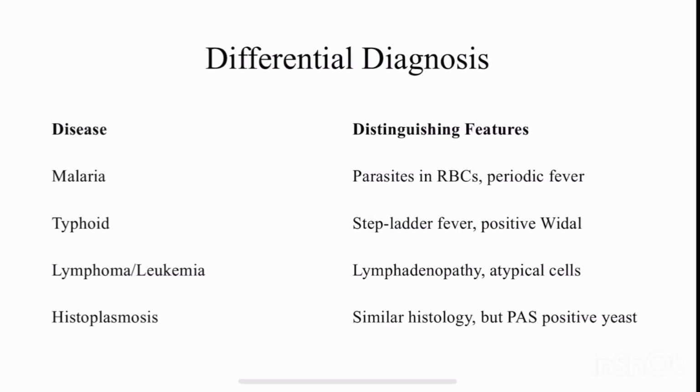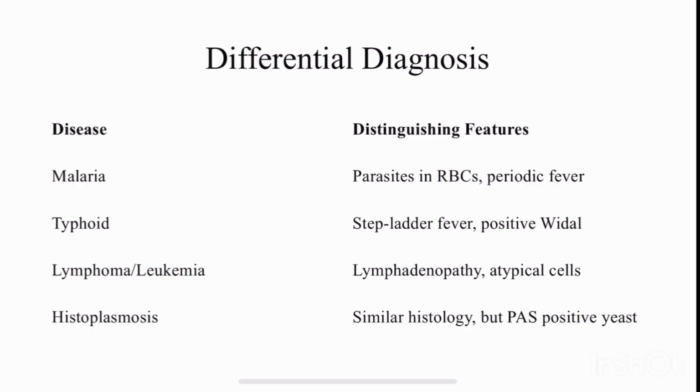Okay, so differential diagnosis is also important. Now every patient presenting to you with fever, malaise, and weight loss will not definitely be leishmania, so you have to remember these. If we perform a CBC, there will be periodic fever history also in malaria.